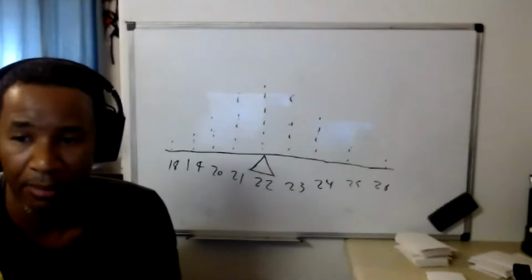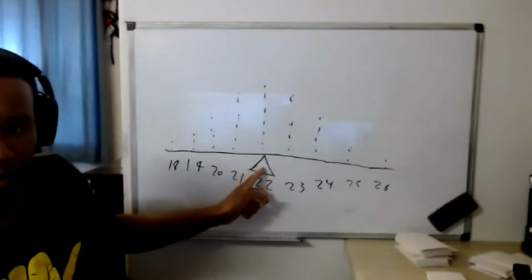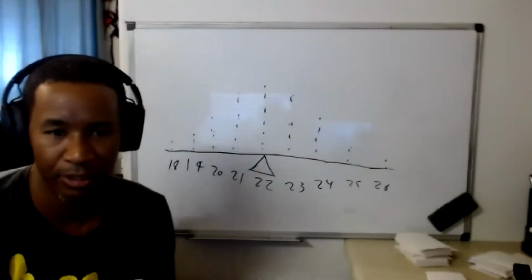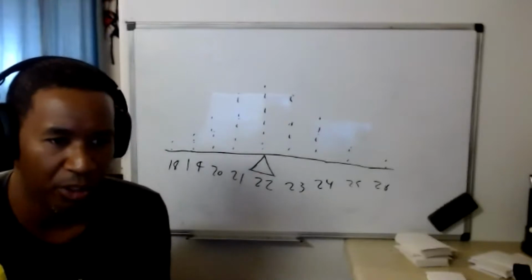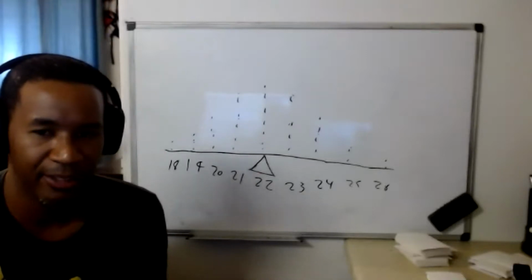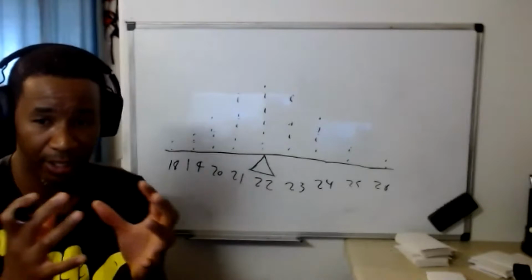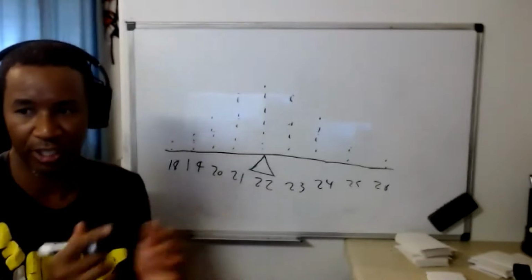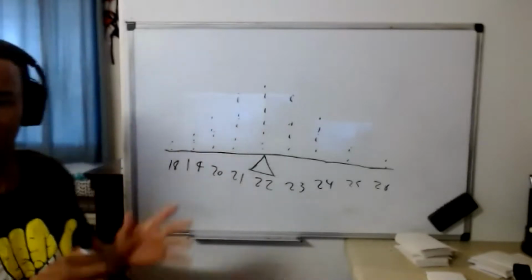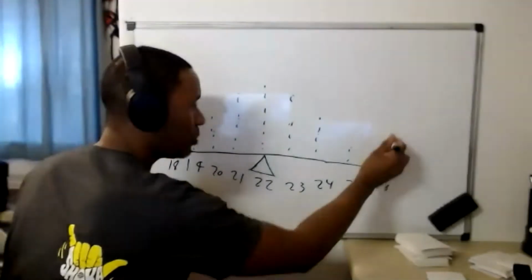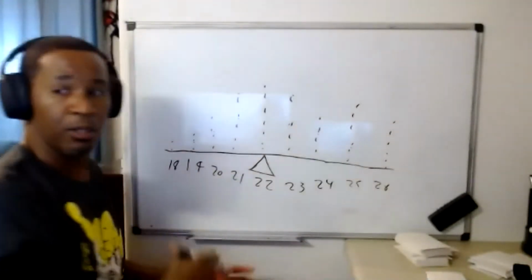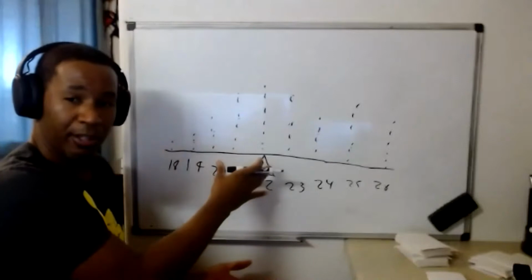Okay. Now, the mean, let's just say this is the mean, perfectly balances all these scores. So if you were to add scores to one side or the other, what's going to happen to the mean? The mean is going to shift. So if I start throwing in more people, more older people, what's going to happen is the mean is no longer going to be here at 22.